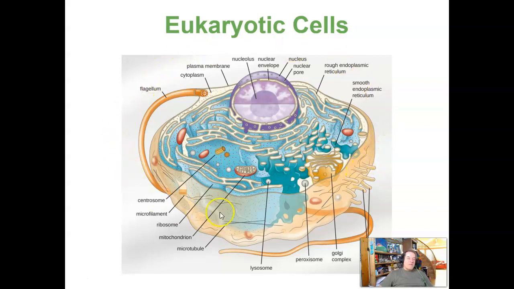This is a chimeric eukaryotic cell, and by that I mean it's unlikely that you're going to find a ciliated eukaryotic cell that also has flagella, right? Or a flagellated cell that also has cilia. That's pretty unlikely. And then the internal parts, most of your eukaryotic cells have all of these bits and pieces, but not all of them.